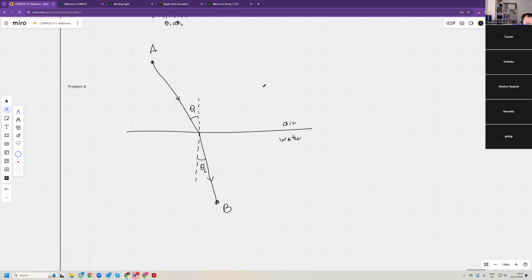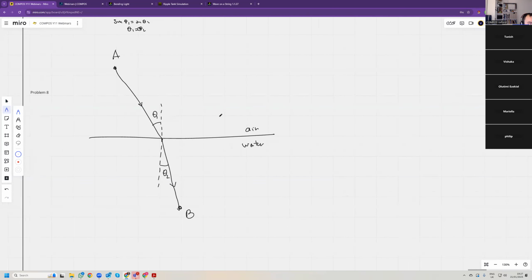Okay, and then it turns out that the quickest path is quickest if n1 sine theta 1 is equal to n2 sine theta 2. And you prove it in a very similar fashion.